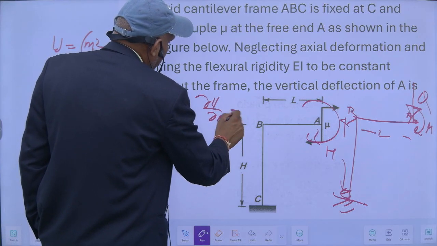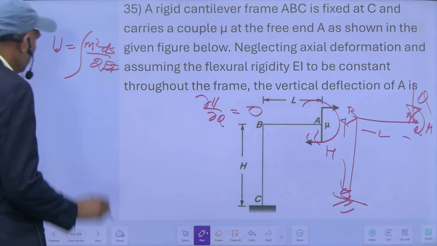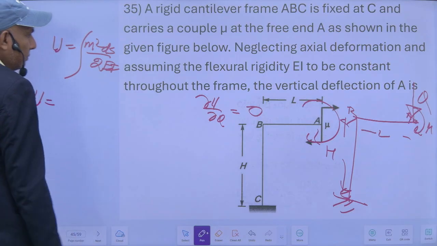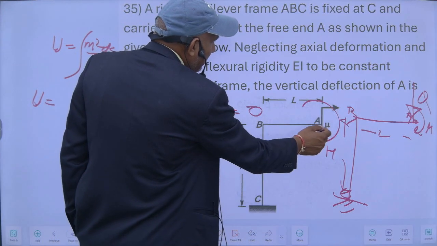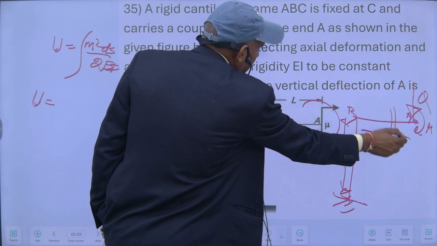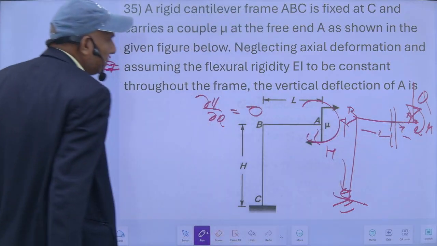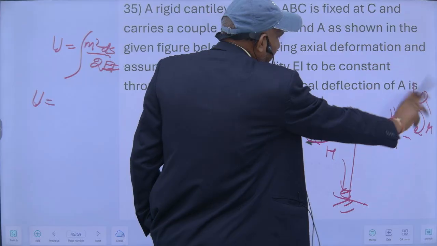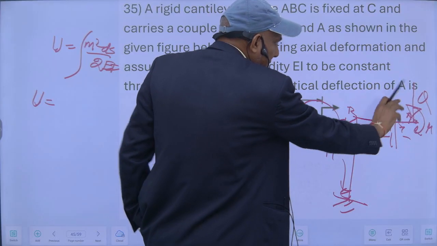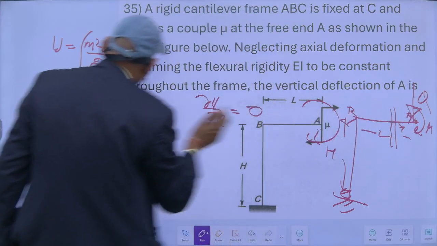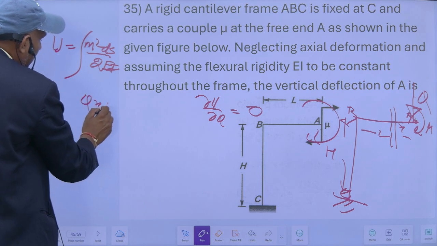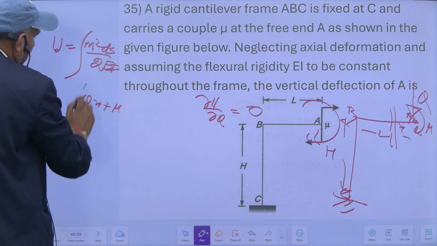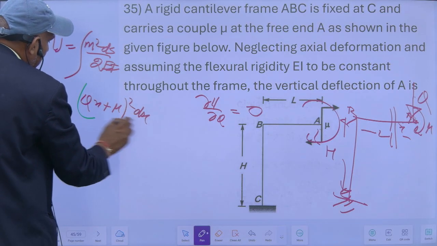I will put Q equal to 0 in the end. For this portion, if I take this as x, both having the same direction, it will be Qx plus Mu, the moment squared into dx upon 2EI.